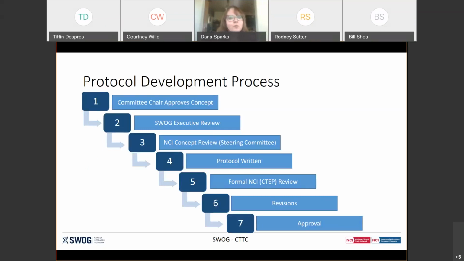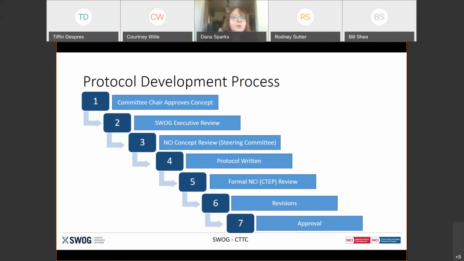So generally within SWOG, the protocols are developed within our disease and research committees. And so we have many committees that work together to decide which research deserves to have the top priority for moving forward.